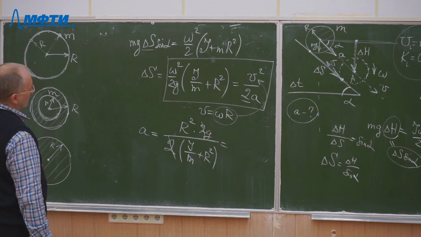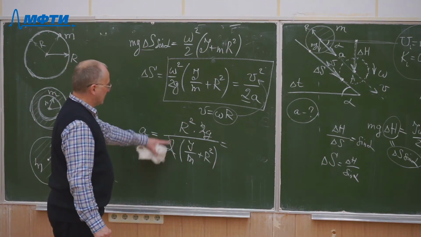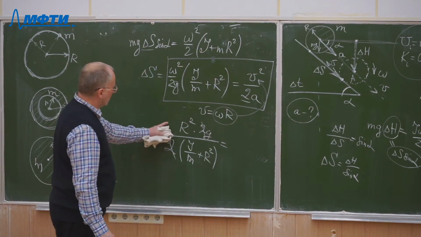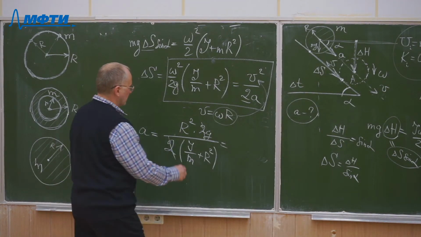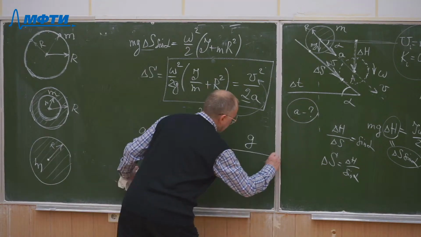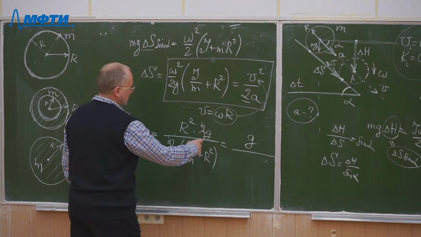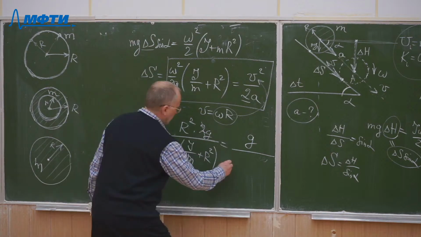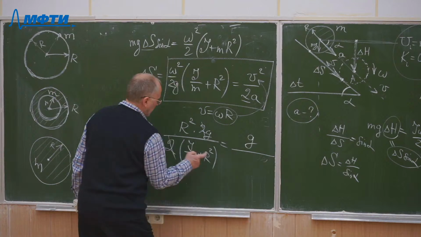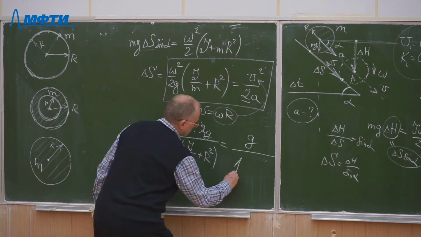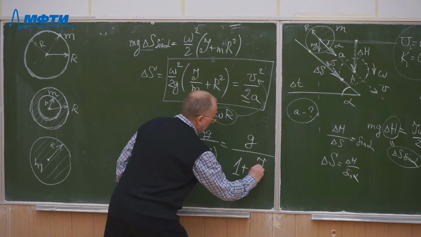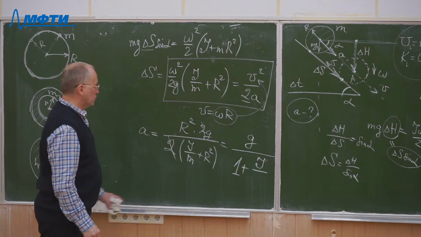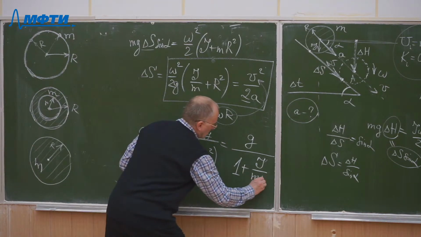It would be convenient to divide both numerator and denominator of this formula by r squared, and what we will finally obtain is g, the acceleration of free fall, in the numerator, and in the denominator we will have r squared divided by r squared, that is unity, plus moment of inertia divided by m r squared.